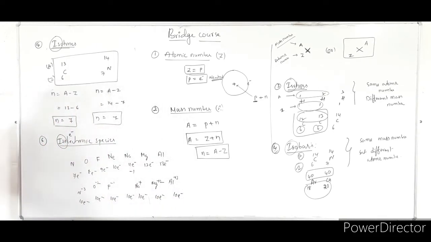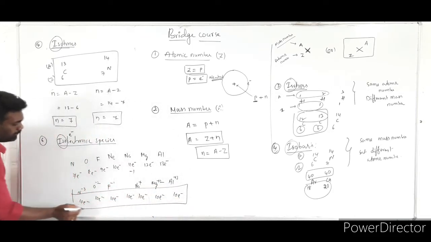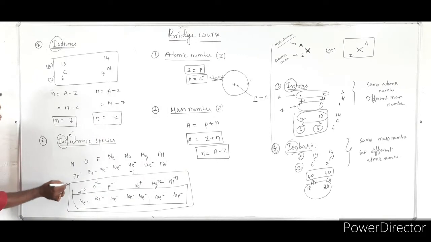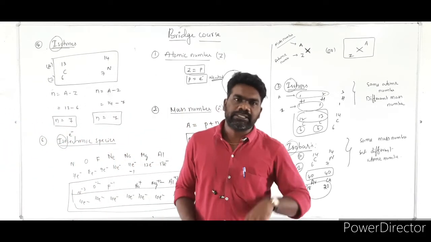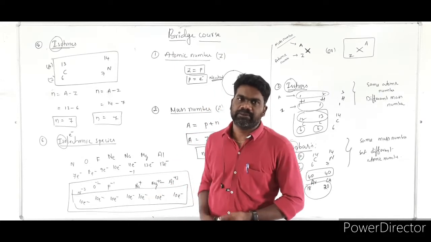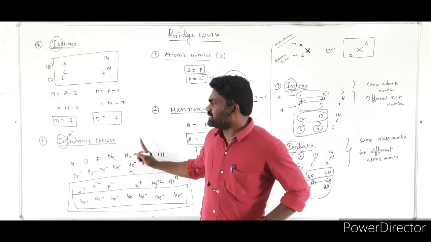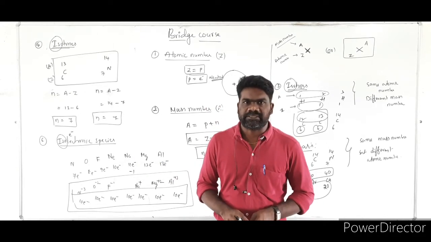If you look at all these species, what we noticed is all these species have the same number of electrons. Atoms or ions with different atomic numbers, but they have the same number of electrons. Such species are called isoelectronic species.